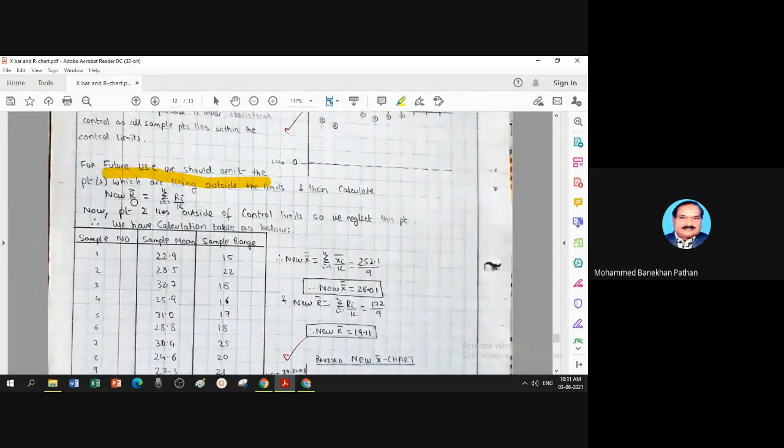R bar is summation Ri upon k. Point number 2 lies outside the control limit, so we neglect this point.